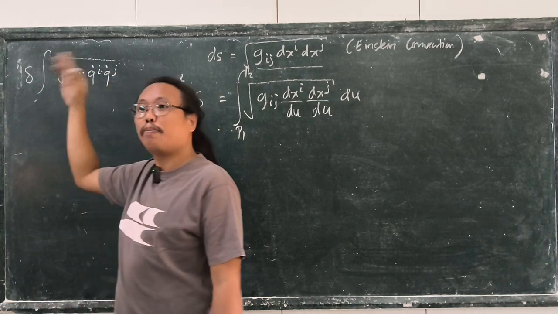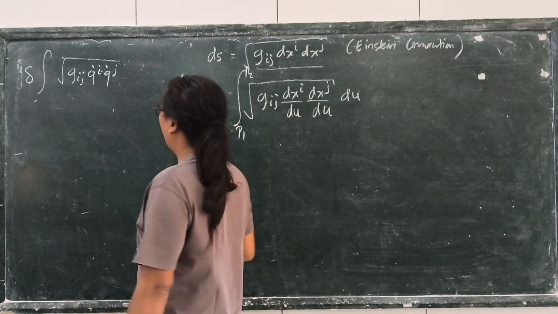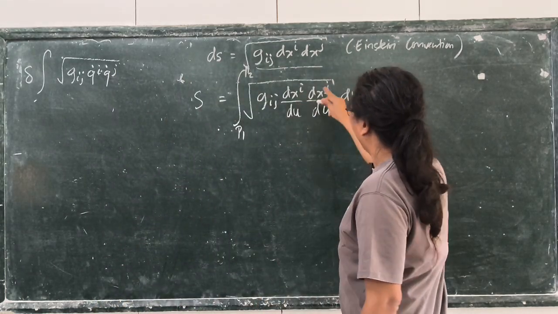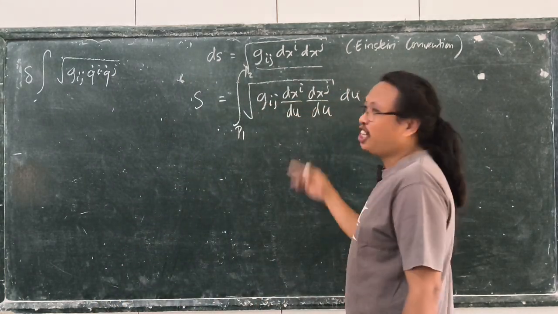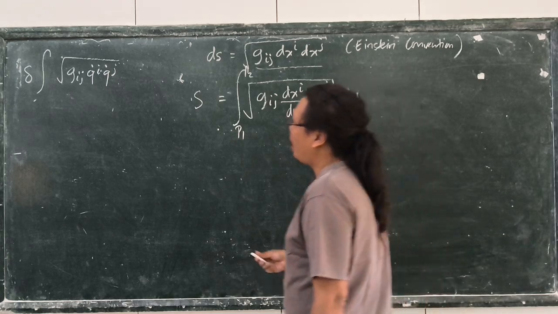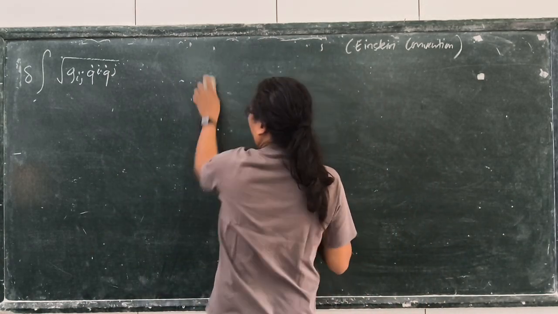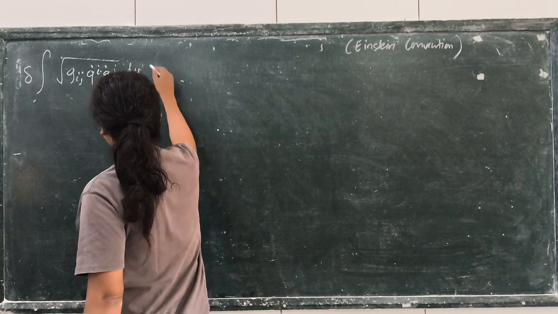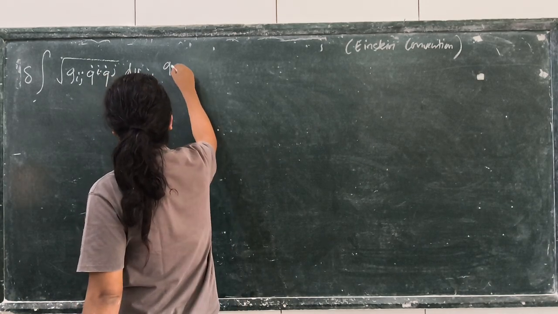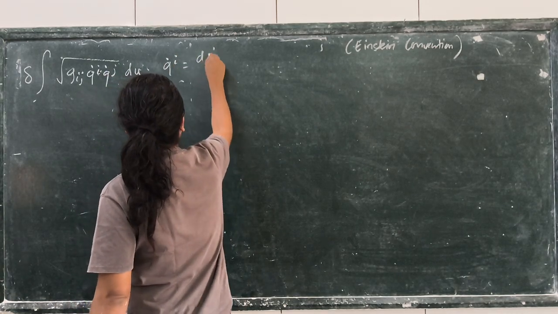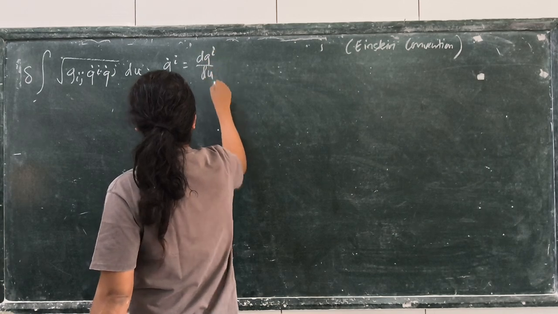Notice that the superscript is used, where q dot i is dq^i over du.